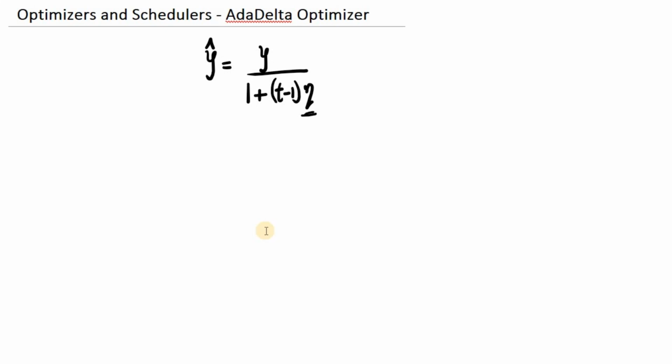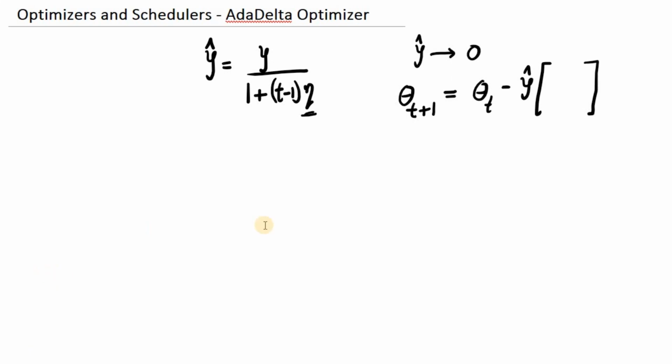There might be a possibility that the denominator is so huge compared to the numerator that the adjusted learning rate tends to 0. Now, how exactly is it going to affect the algorithm? If we recall the parameter update step, the value of theta t plus 1 was equal to theta t minus gamma cap times the gradient value g_t divided by square root of s_t plus epsilon.